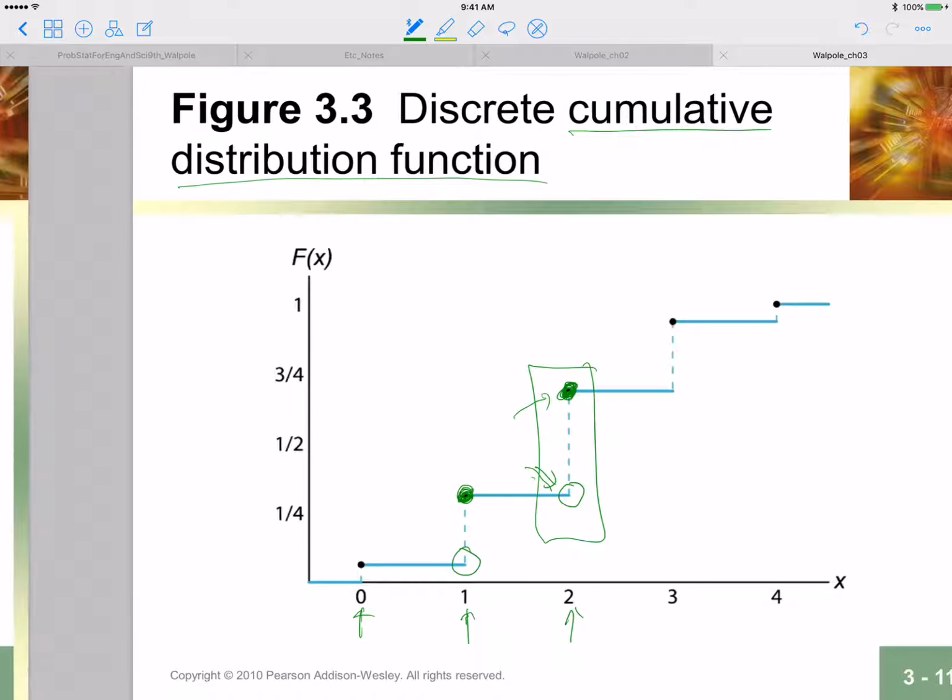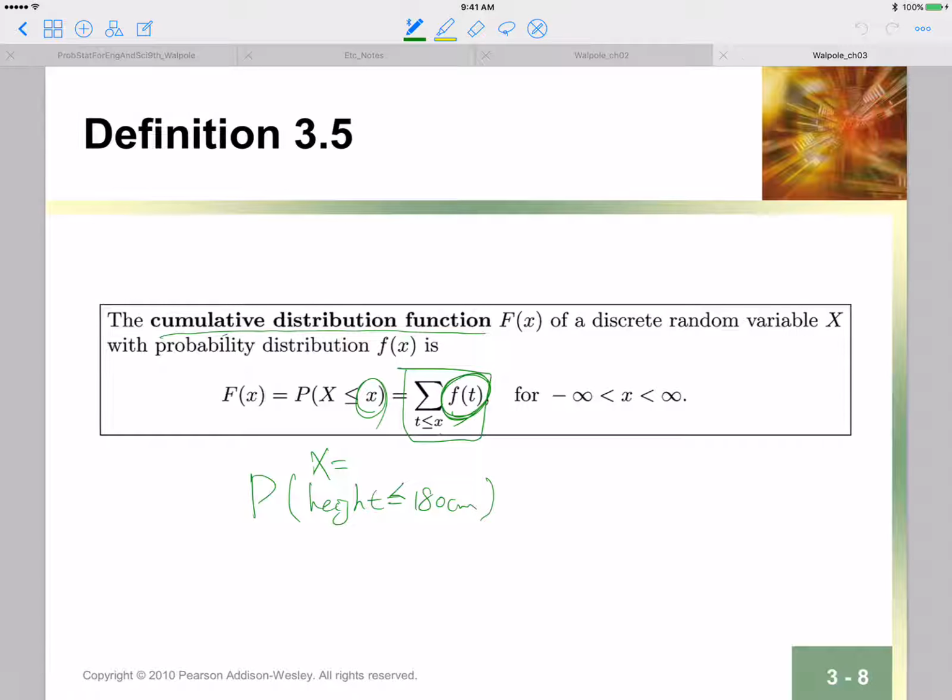And the reason is because our cumulative distribution function has this inequality sign as less than or equal to.